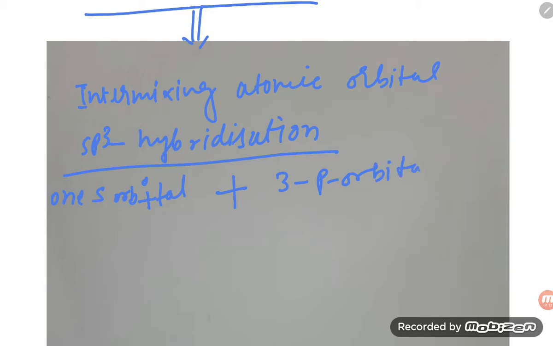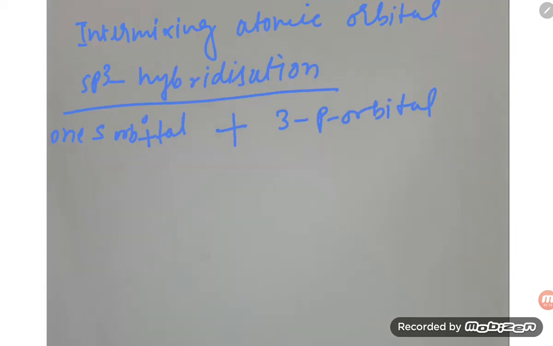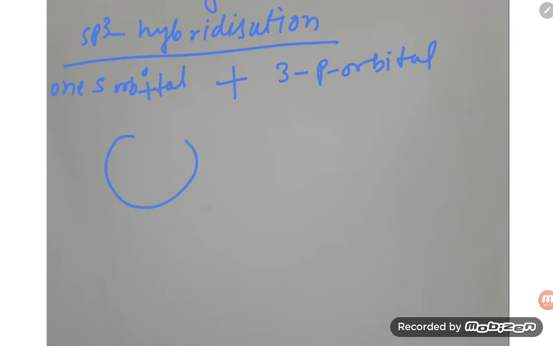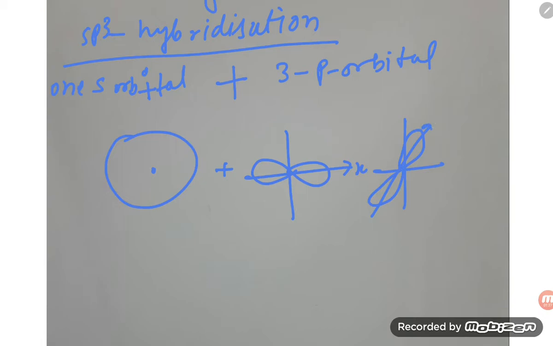So what will happen, students? The s orbital is spherical in shape. The three p orbitals are px, py, and lastly the pz orbital. So this is the px orbital, this is the py orbital, this is the pz orbital, and this is the s orbital.